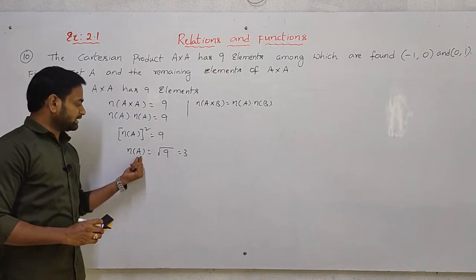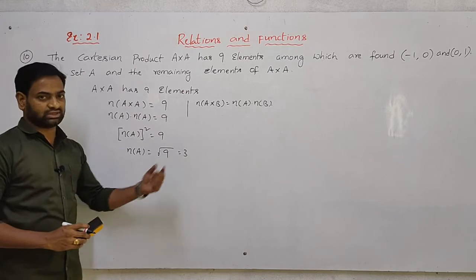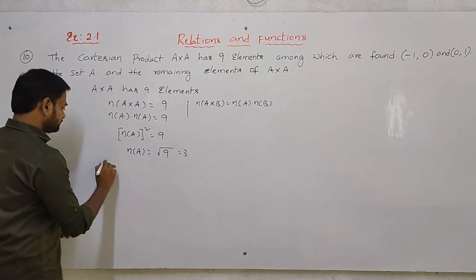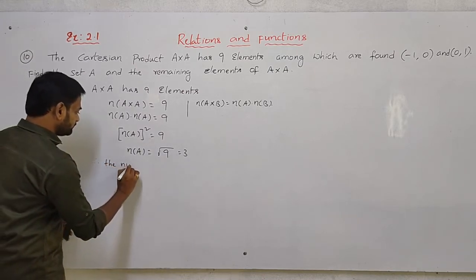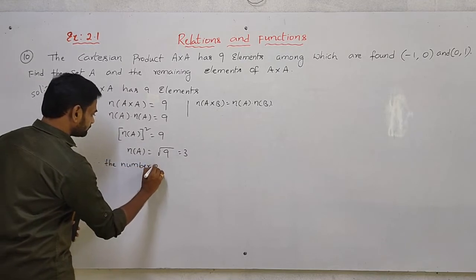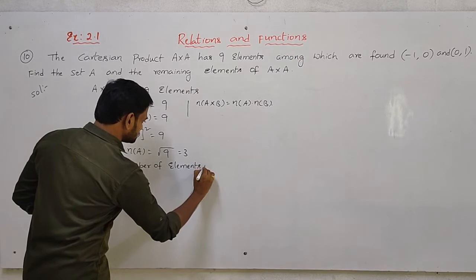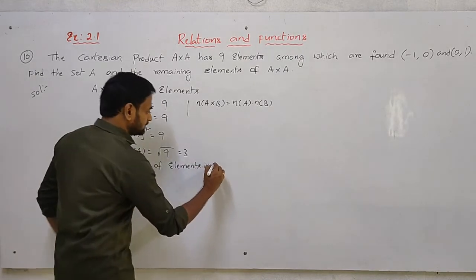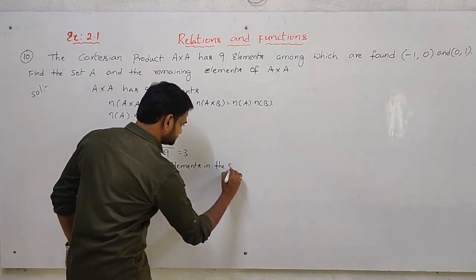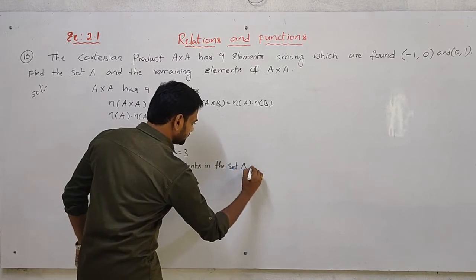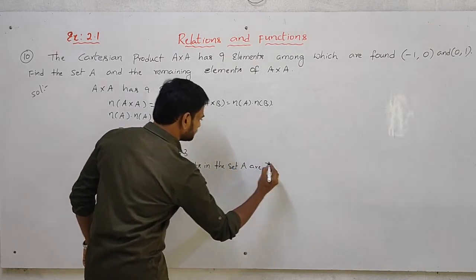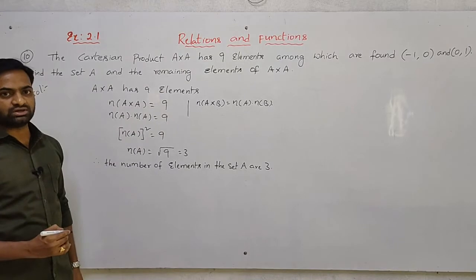The number of elements in A are how many? 3. Therefore, the number of elements in the set A are 3.